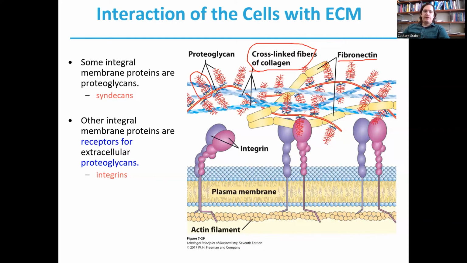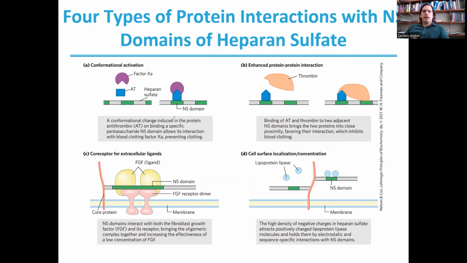The extracellular matrix will then interact with a variety of proteins from our cells. So we have integrins, as well as our different kinds of syndecans. The glycosaminoglycans used in these proteoglycans have a variety of different roles. First, as we've seen already, they can enhance interactions between proteins, right?